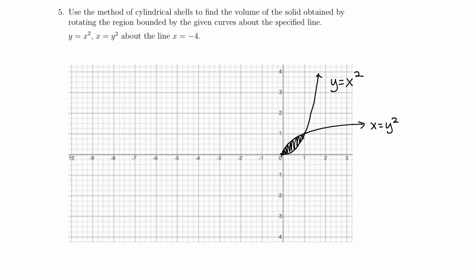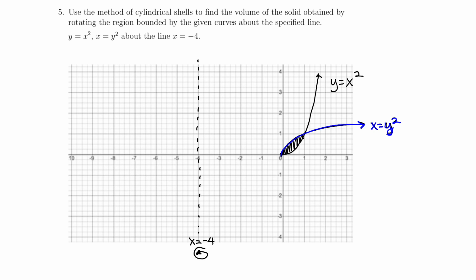I've got x equals y squared and y equals x squared as the two curves bounding that region. I also want to put in the axis of rotation, because I'm going around the line x equals -4, a line similar to a y-axis.